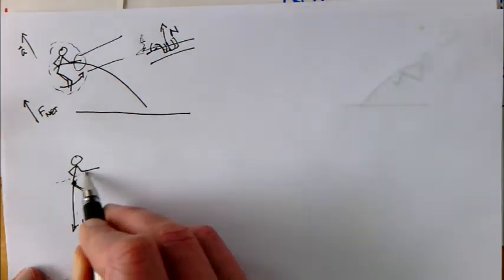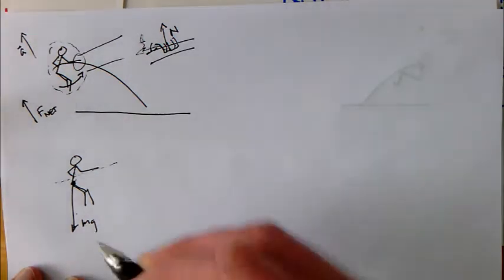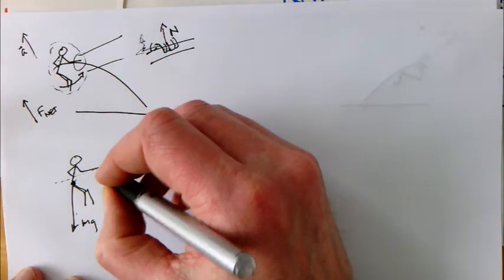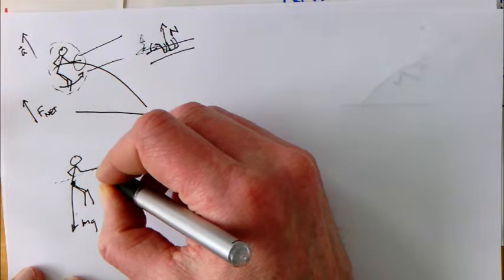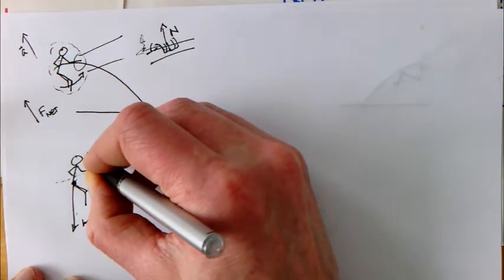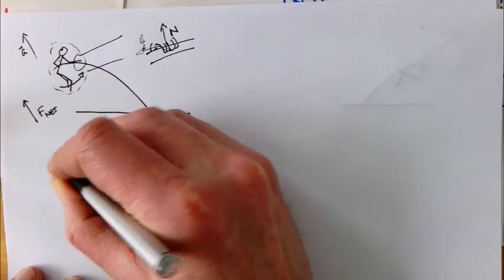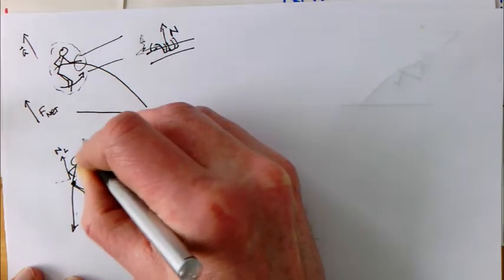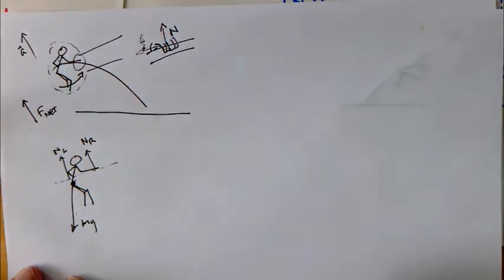So if we think about this runner at this point, pretty clearly, first of all, there must be some normal force that's acting on the runner's hands. So I'll write N sub L and N sub R to denote the left hand and the right hand holding the pole.